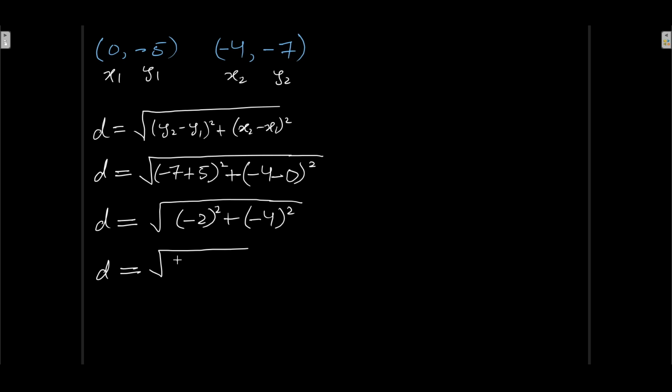So -2 whole squared will give you a 4. It is same as 2 whole squared. Plus, a negative base having even power will always give you a positive result. So finally, the result will be root of 20 units.